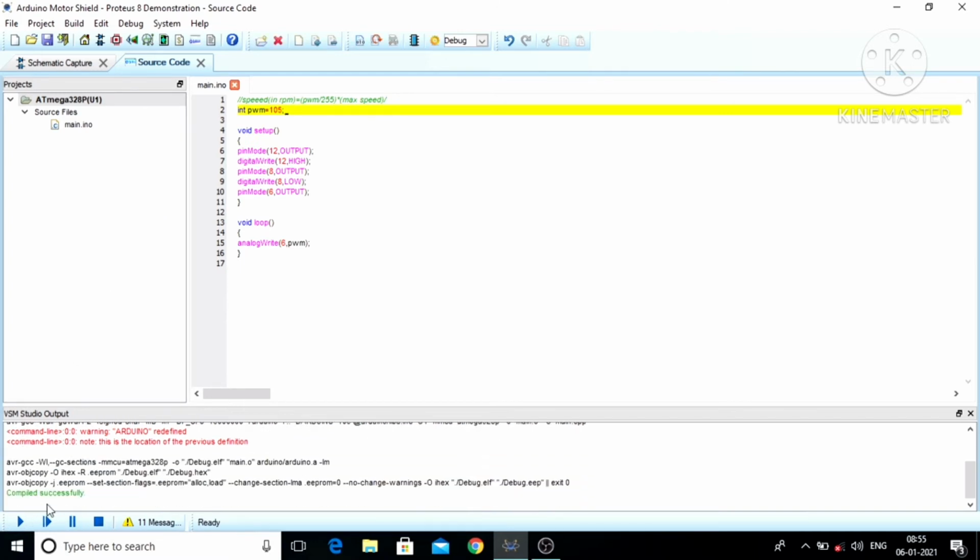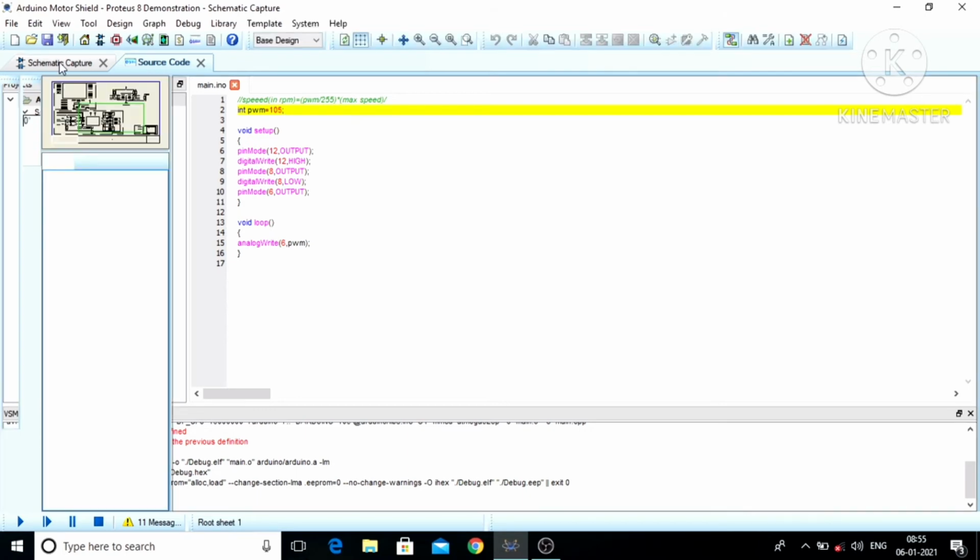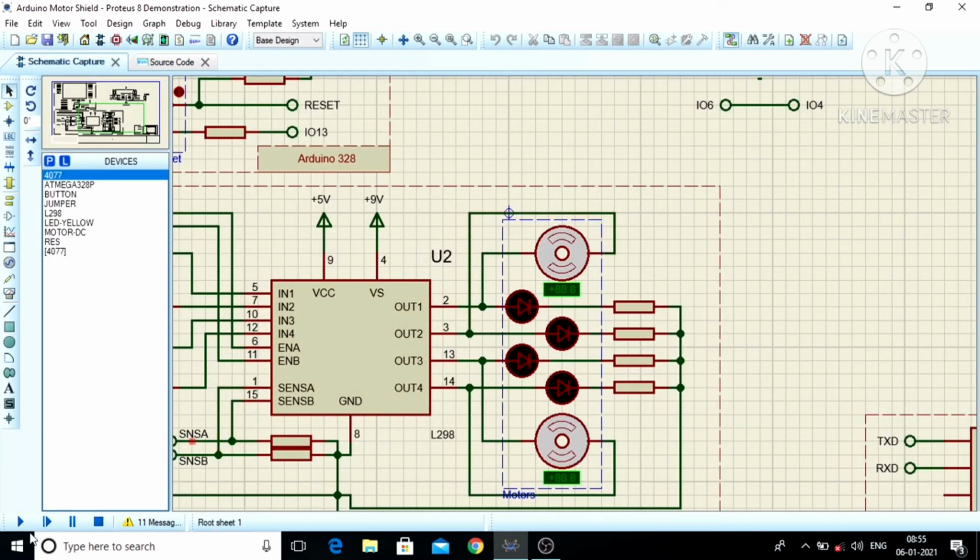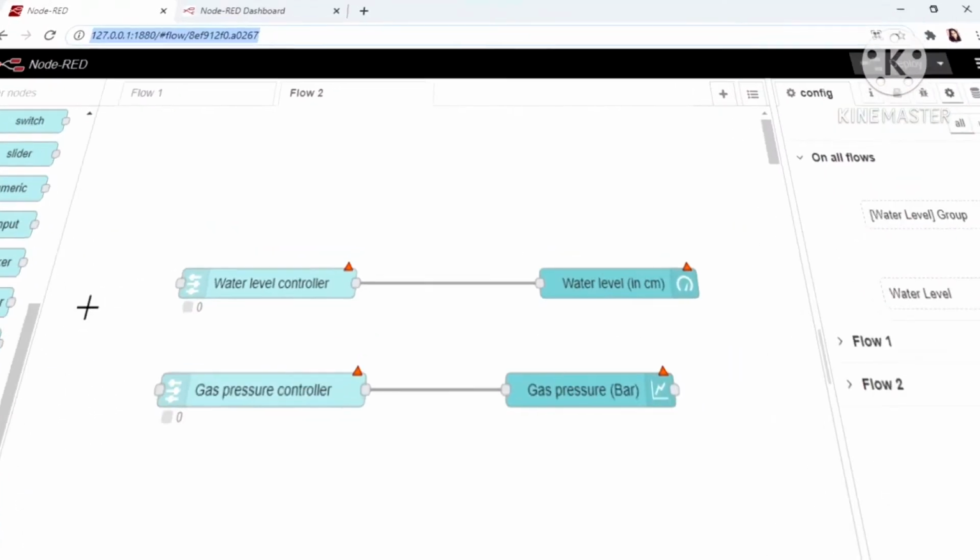I have compiled it successfully, and now I will go to schematic capture and run the simulation again. Here, as you can see, it is settled at 10 RPM because of the internal factors of the motor.